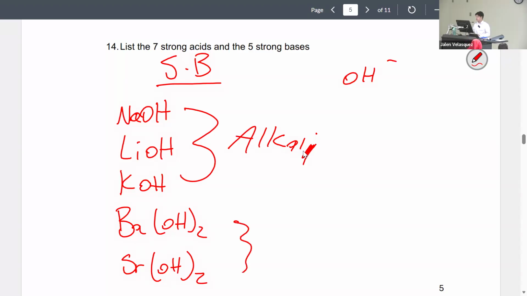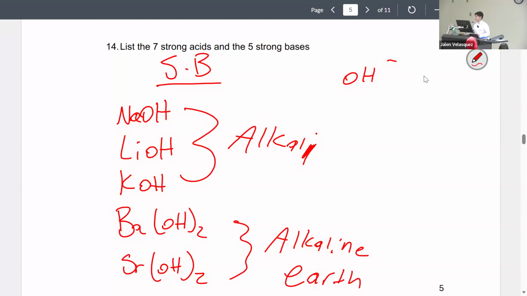The alkaline earth metals make a +2 cation, right? So that's why the OH has that subscript of 2. Because that 2, the drop and swap, comes from up here. Good. Any questions on number 14? Strong acids, strong bases?